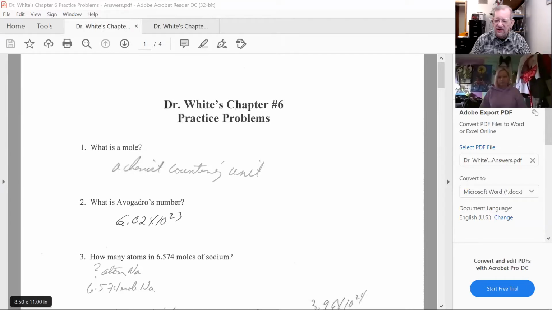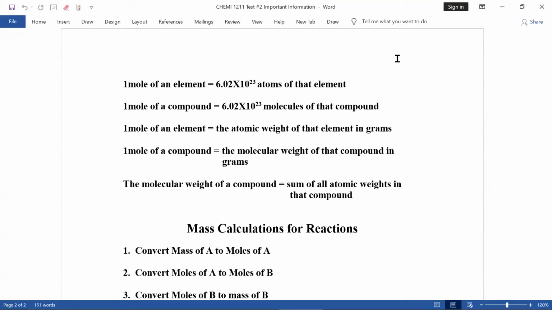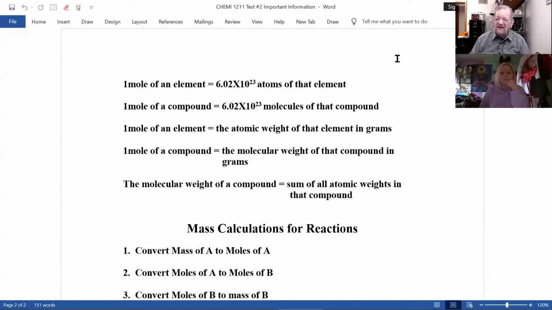Everybody see 1 mole equals on your screen? Now do you see it? Thank you, Gabby.